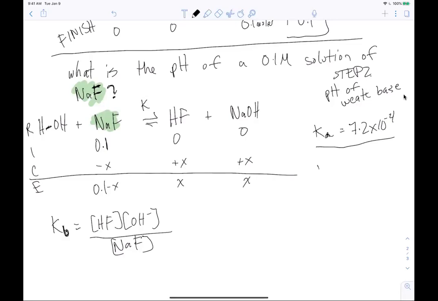So if you're given Ka, you have to remember that Ka times Kb is equal to Kw, and that we can very quickly calculate Kb by just taking Kw and dividing by Ka. So Kw is always known, that's 1 times 10 to the minus 14th. So I'm just going to take that and divide it by our Ka.